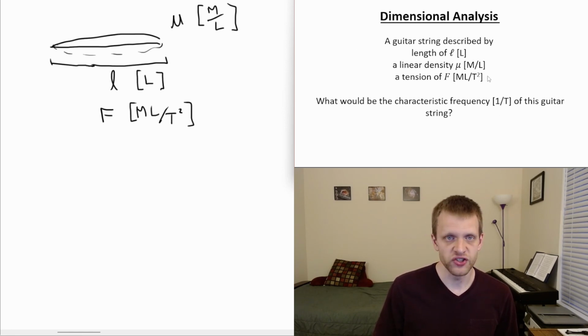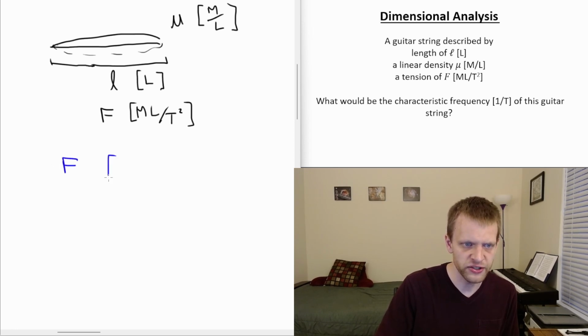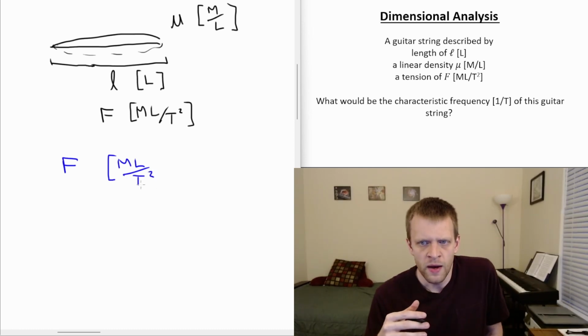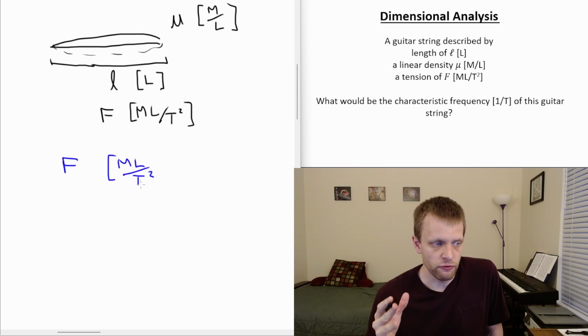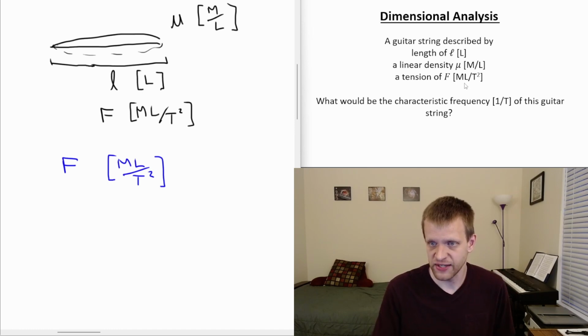The only one of these quantities that involves time is force. So let's start with that one. We're just going to start with saying, if I have a force, the dimensions of that are going to be mass times length divided by time squared. Okay. Let's see if we can get rid of those dimensions of mass, because our final answer, we don't want it to have a mass in it.